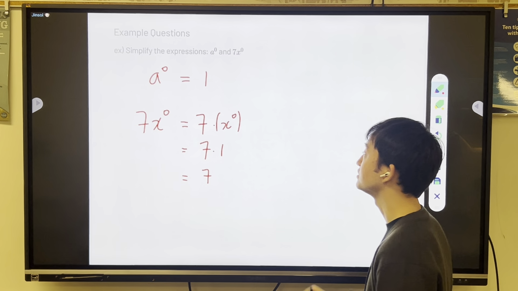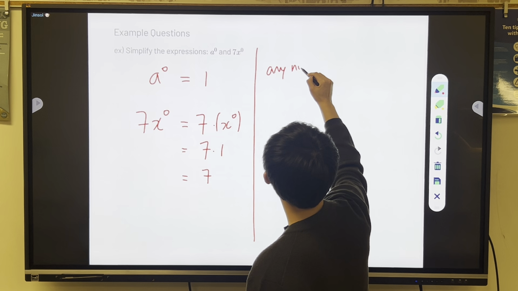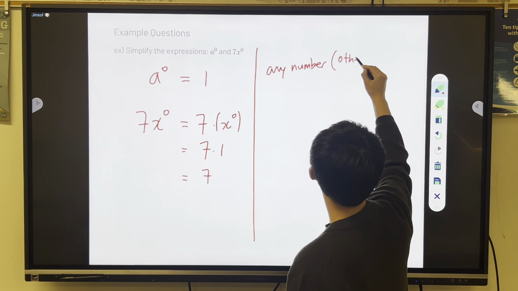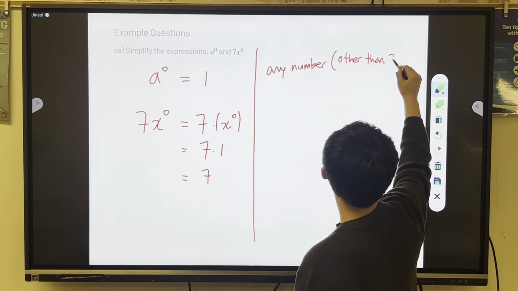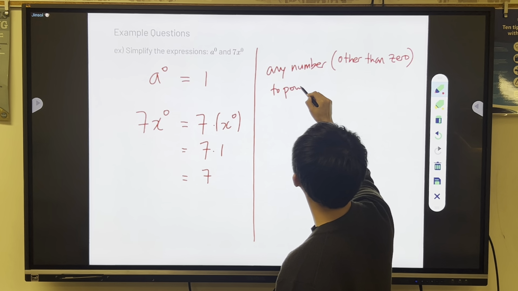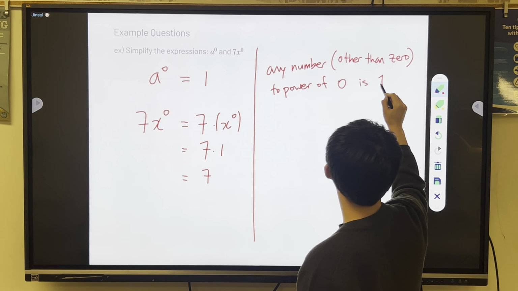Let's annotate our process. Any number, well, other than 0, to the power of 0 is just 1.